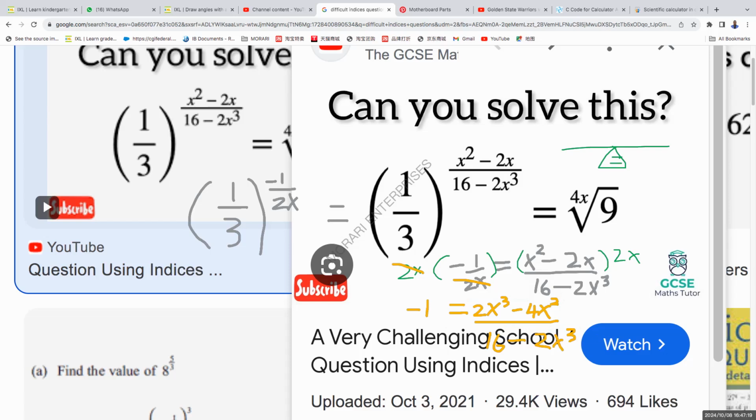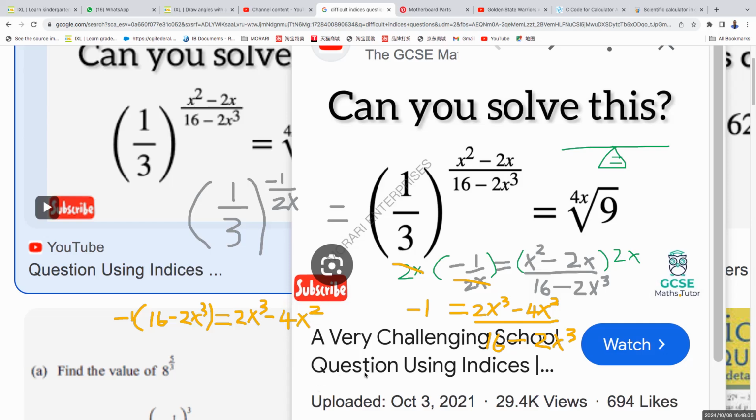And then now we multiply both sides by 16 minus 2x cubed. The left side will be negative 1 in brackets 16 minus 2x cubed, and the right side, 16 minus 2x cubed once, and then we just have what is up there, which is 2x cubed minus 4x squared.